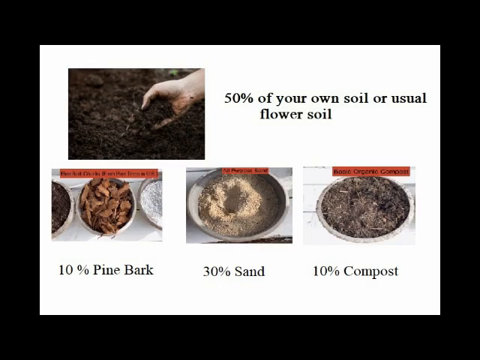If you have any soil of your own in your garden, use 50% of your own soil or usual flower soil. Then you will have to have about 10% of pine bark, 30% of sand and 10% of compost. Then you are right in it for the roses.